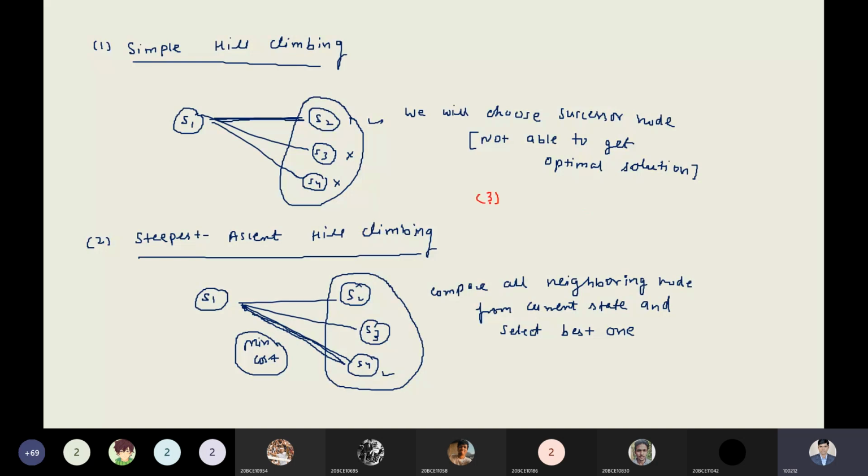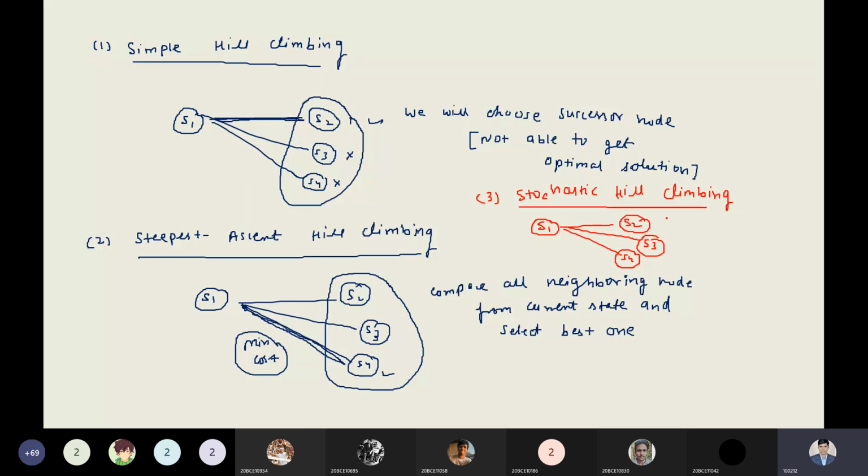Third one we have, stochastic hill climbing. What are we doing? S1 is the current state, suppose, right? S2 we have, and S3 we have, and S4.